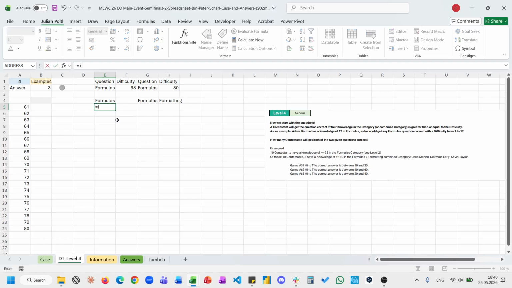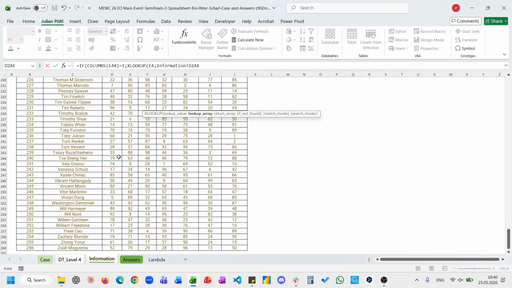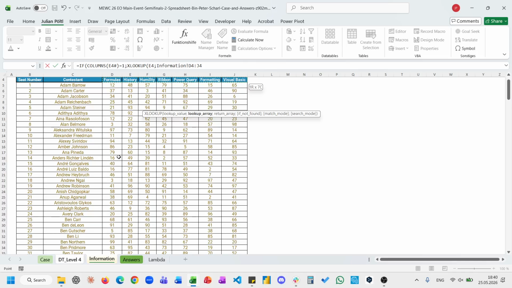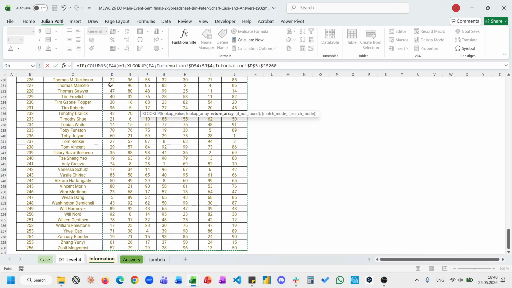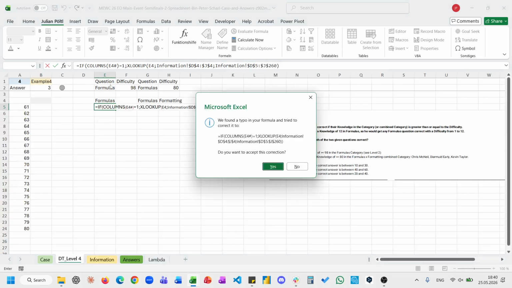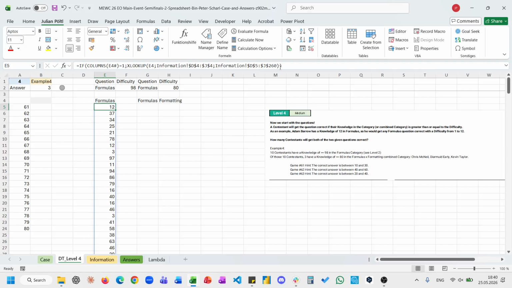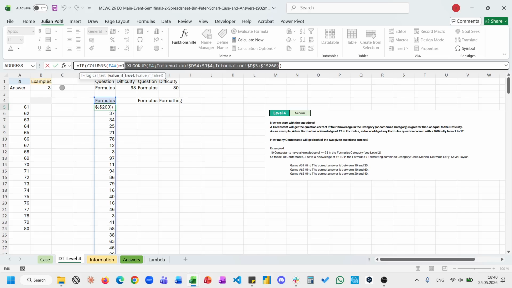Then if columns here with hashtag equals 1, then simply XLOOKUP for this in here, returning this here, and this should be larger, or we can also, yeah, it's fine to not.